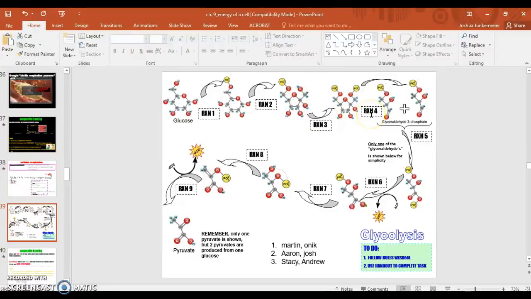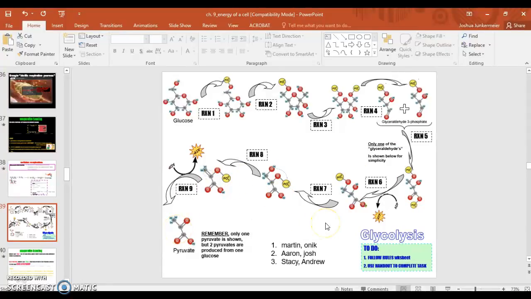Reaction 4, a special reaction, is this large structure becoming 2 smaller molecules. Reaction 5 is looking at these 2 smaller molecules becoming this guy. And as this writing says here, there's 2 here, but for simplicity in my picture, I'm only drawing 1. But just know that there's 2 of this, 2 of this, 2 of this, 2 of this, and 2 of this.